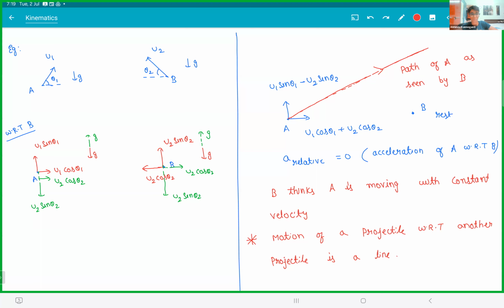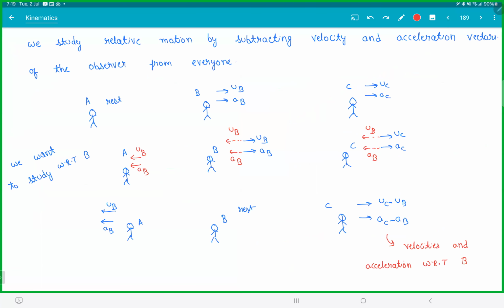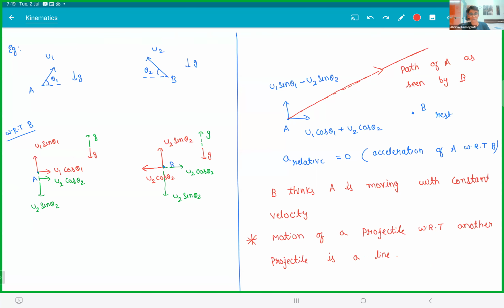Sir, in that with respect to B part, the second one, that U2 sin theta 2, sir, would both of them be U2? Sir, in this one with respect to B part, on the left side, both of the green and red would be U2 only.